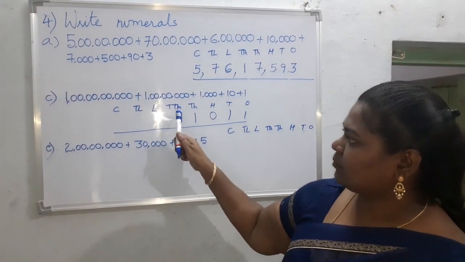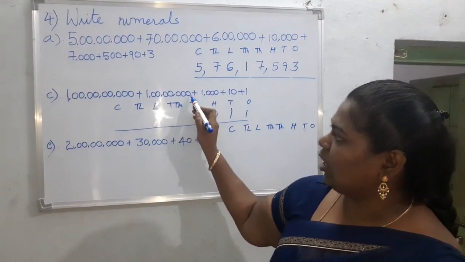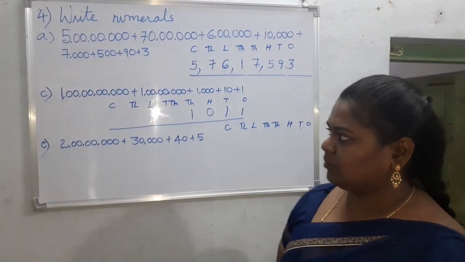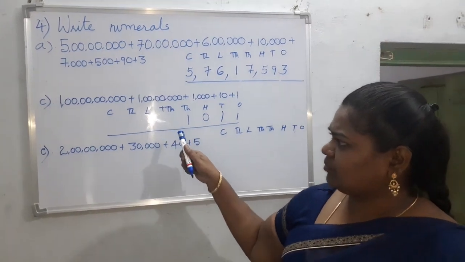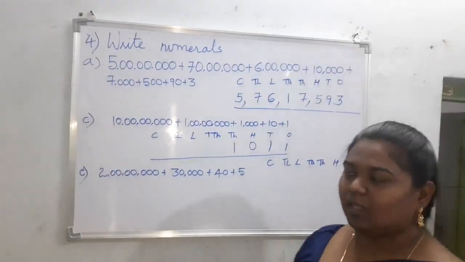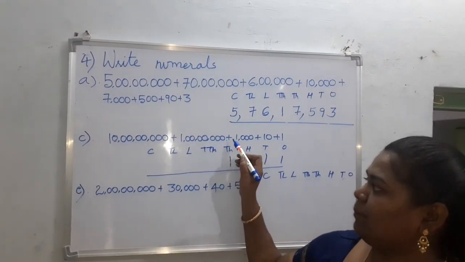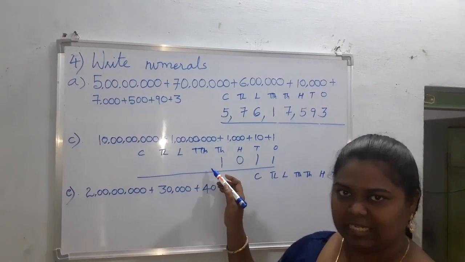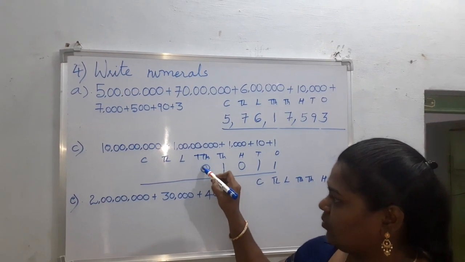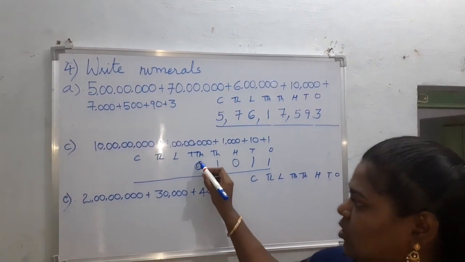Thousands place 1. Then you should have a digit with 10,000, but it is missing. So put 0 in 10,000's place.